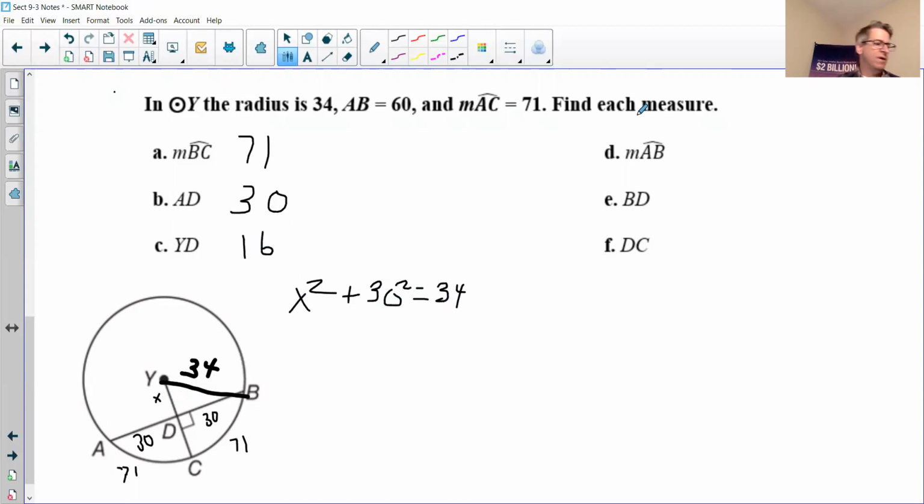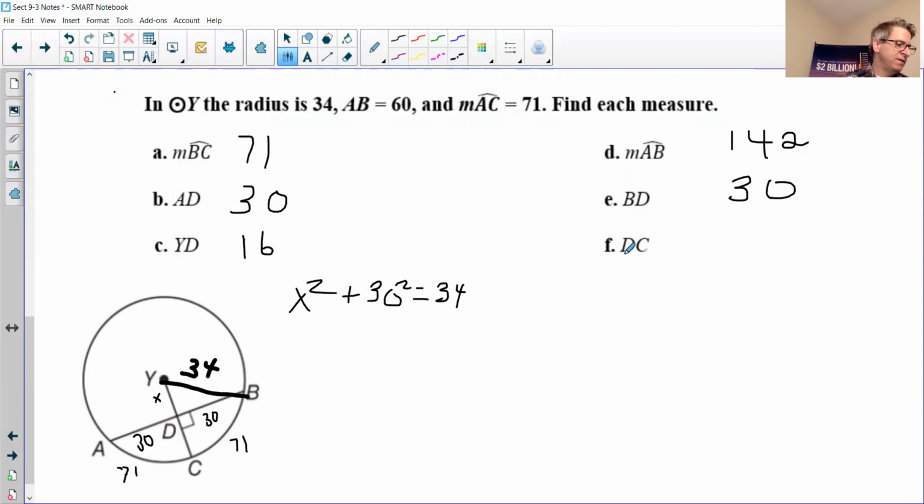Next, the measure of arc AB would be the 71 plus the 71, which is 142. Segment BD we found to be 30.